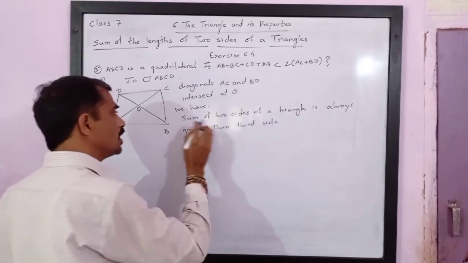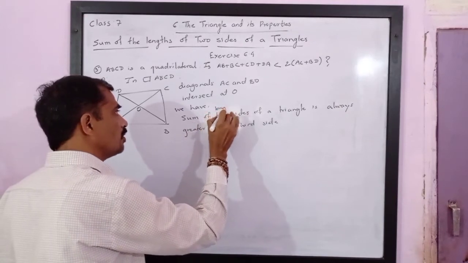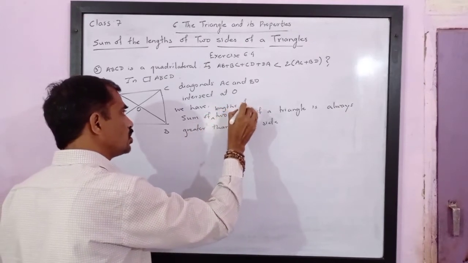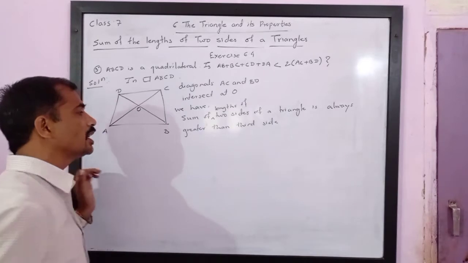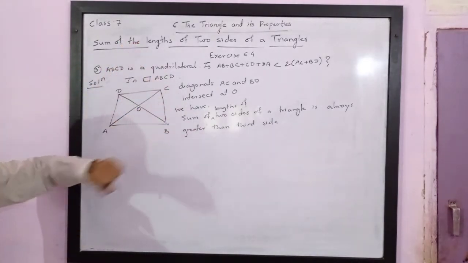This is what we have studied. The sum of the lengths of two sides of a triangle is always greater than the third side. This is what we are trying to understand.